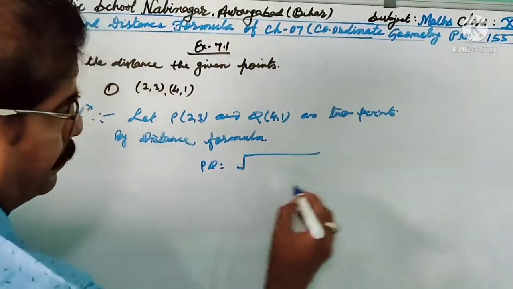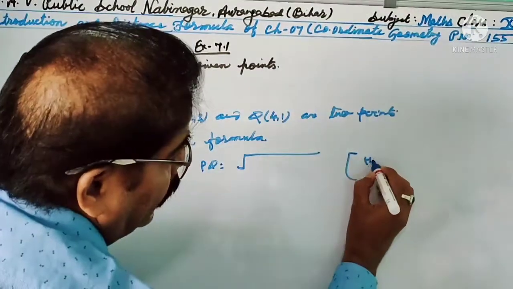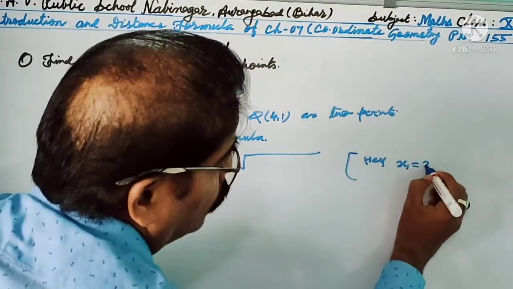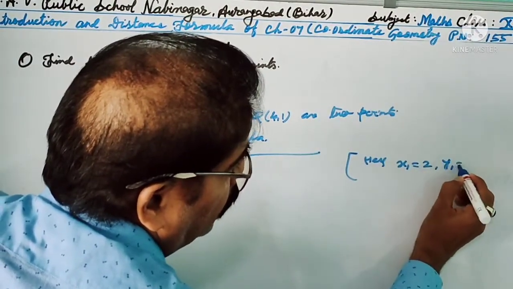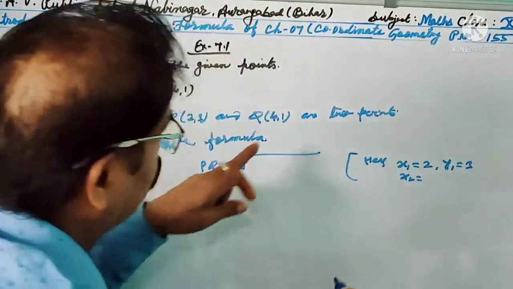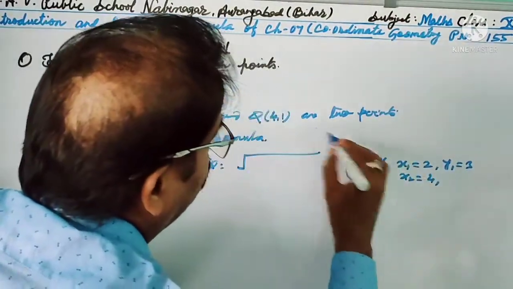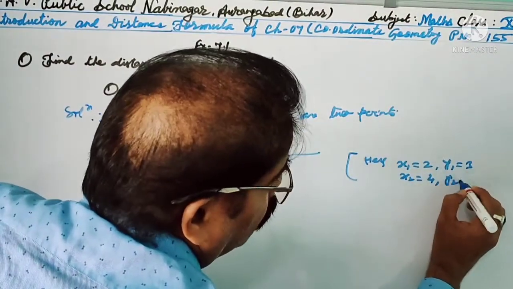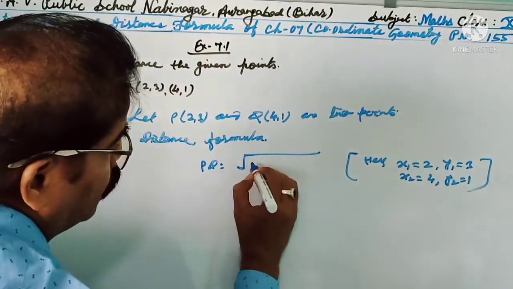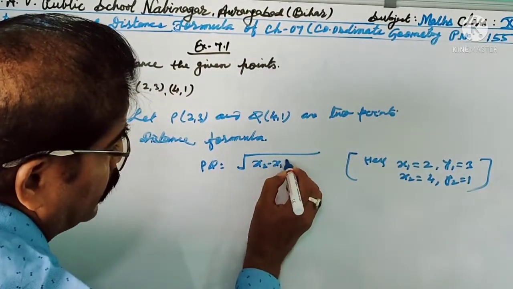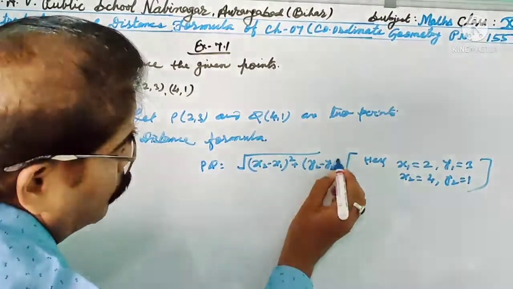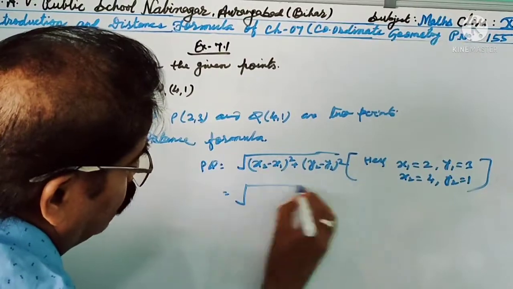Here x1 equal to 2, y1 equal to 3, x2 equal to 4 and y2 equal to 1. So by the distance formula, PQ equal to under root (x2 minus x1) square plus (y2 minus y1) square.